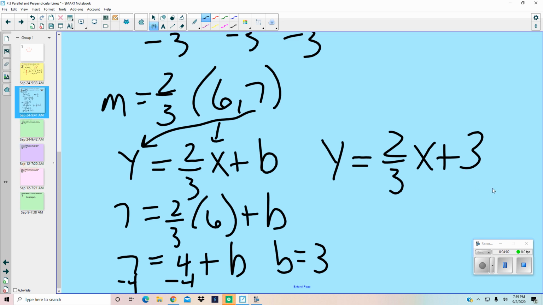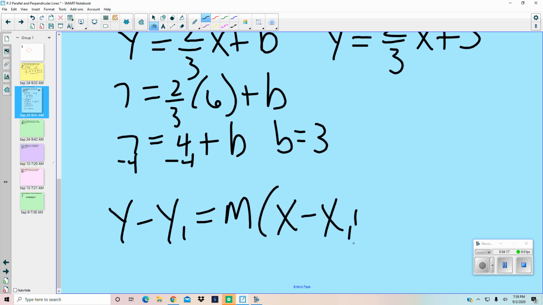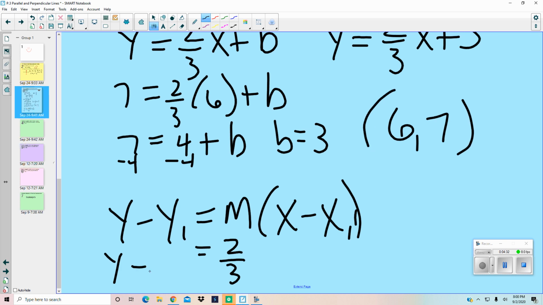The second method would be actually easier, and it's based off of the point-slope form of an equation, which is y minus y1 equals m times x minus x1. So I would take the slope, which is 2/3, and put it right here for m. I keep the variable y, but then I subtract off 7, since my point was (6, 7).